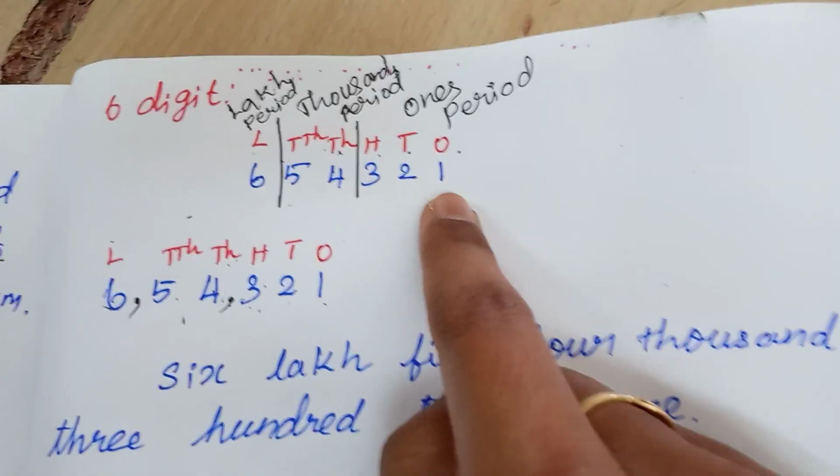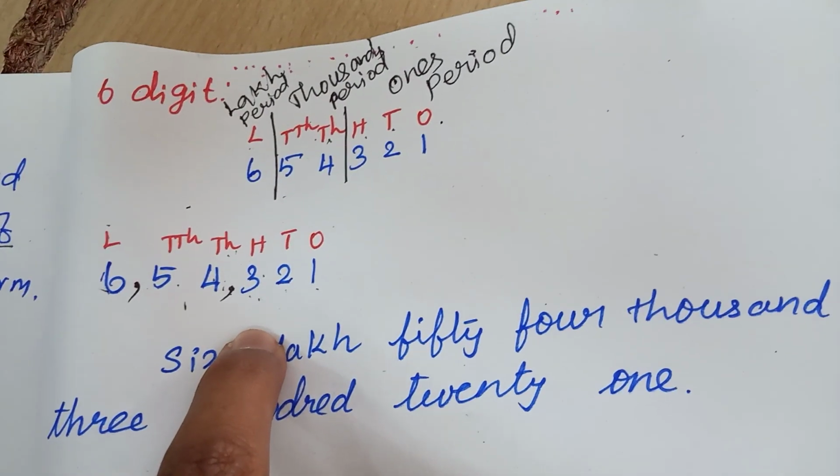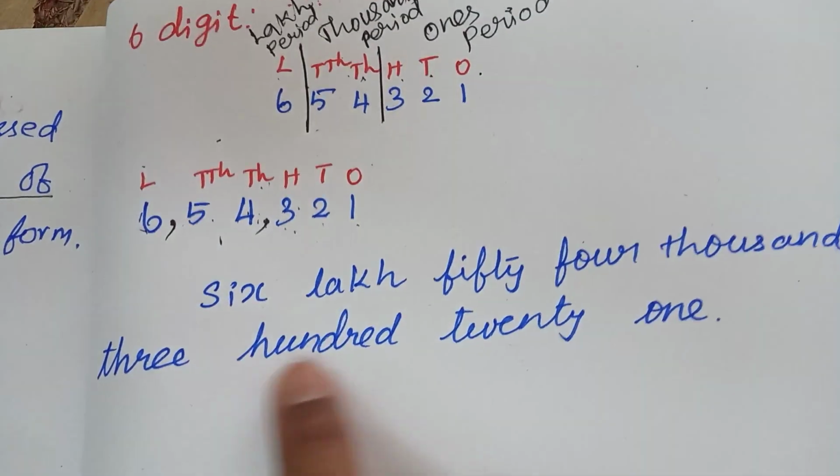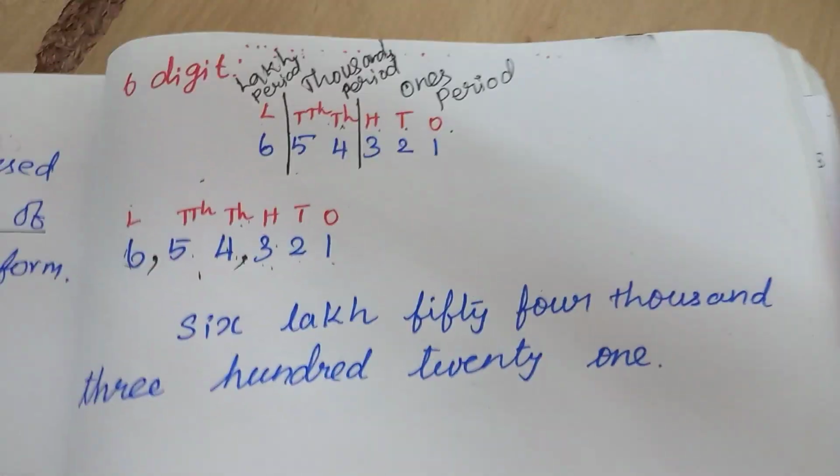With the help of the place value chart, you have to put the commas. With the help of the commas, you have to read and write the number names for 5-digit numbers. The same conditions apply to 6-digit numbers. This is a place value chart for a 6-digit number. It also has 3 groups: ones period, thousands period, lakh period. With the help of the place value chart, you put the commas, and with the commas you read and write the number names for 6-digit numbers. Do you have any doubts?